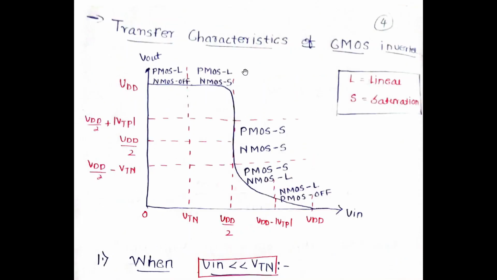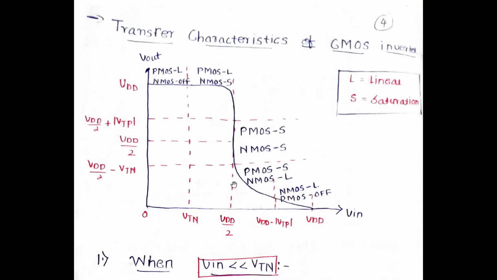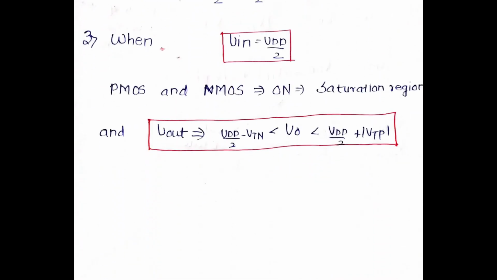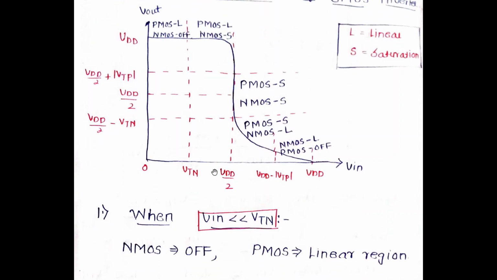It is clearly mentioned over here. Again, when my input is exactly equal to VDD by 2, my PMOS and my NMOS both remain on and in saturation region.